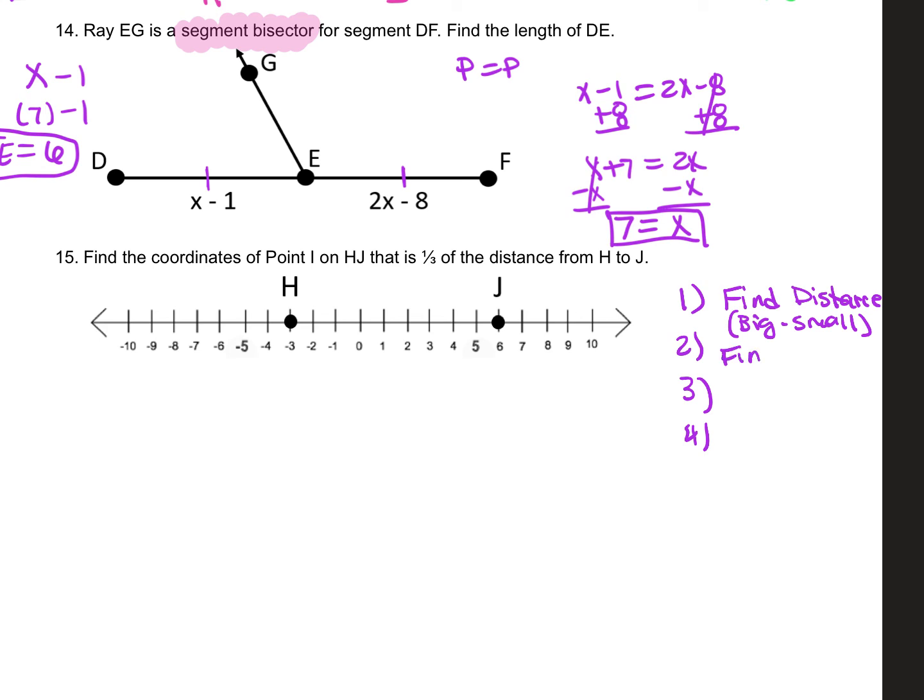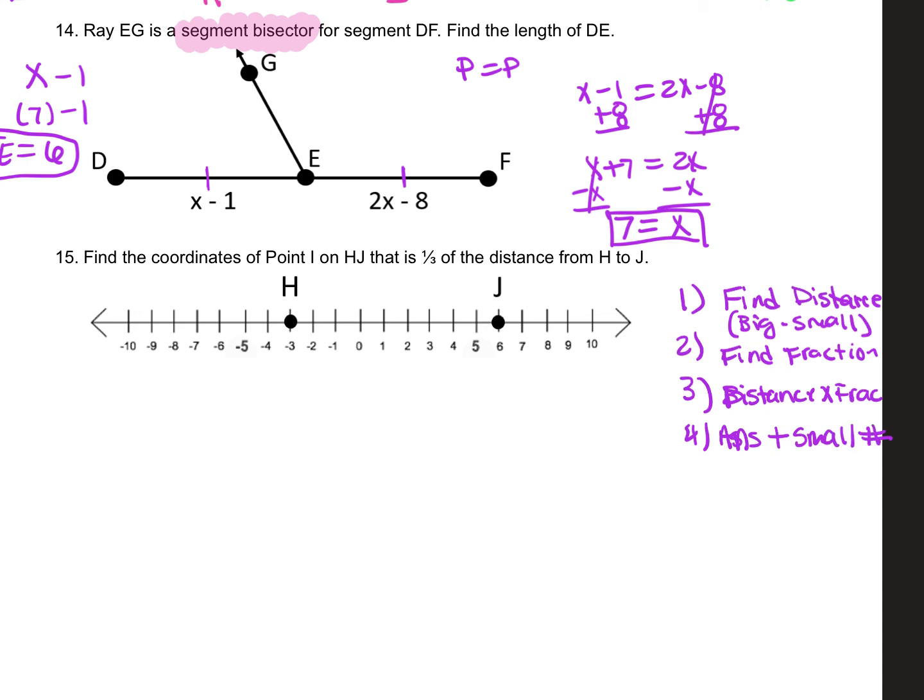Then find fraction. In this case, y'all, the fraction's given to us. 3 is do distance times the fraction. And then whatever we get there, the answer, we're going to add it to our small number.